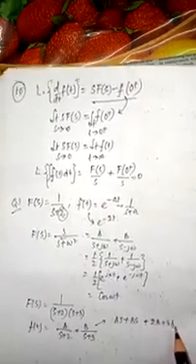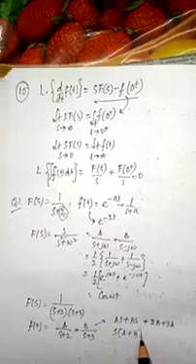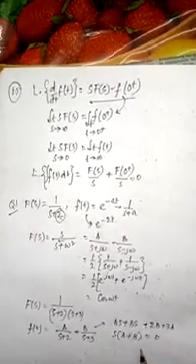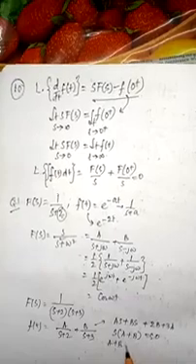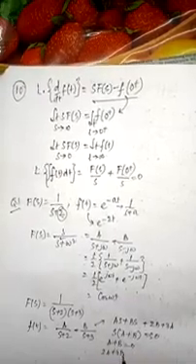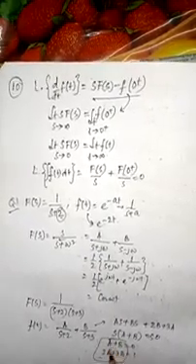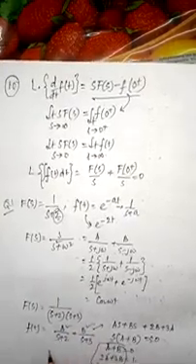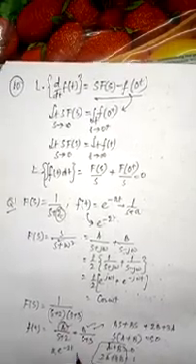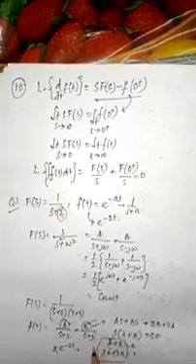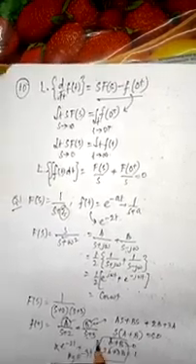If you are equating the coefficients of each side, the s coefficient is 0, so a plus b equals 0, and 3a plus 2b equals 1. Just solve them and you will get the values of a and b. Putting them in, it is simple: some constant k1 times e to the power minus 2t, plus k2 e to the power minus 3t, like this.